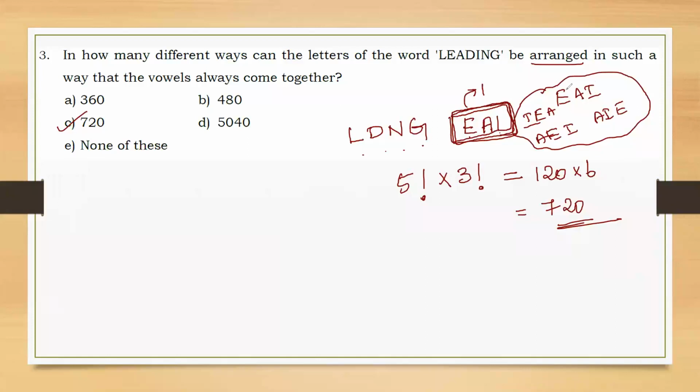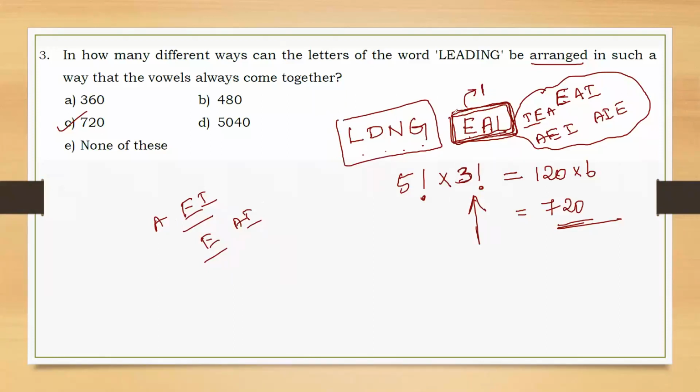So first, if I treat them as one, if I arrange only one person, the remaining may sit like this or they will sit like this. Afterwards, we will find the main thing is 3 factorial. So first we will arrange only one person. So we treat the vowels as a single. So 1, 2, 3, 4, then plus 1. This is 5 factorial, since we are going to arrange this person also.